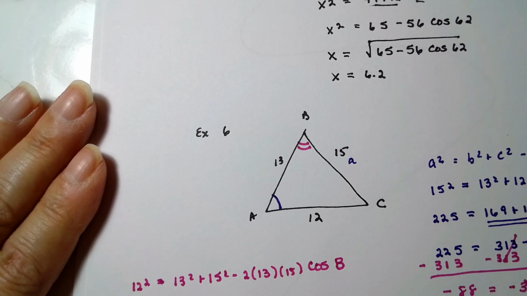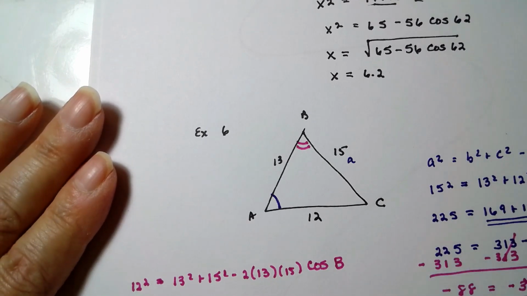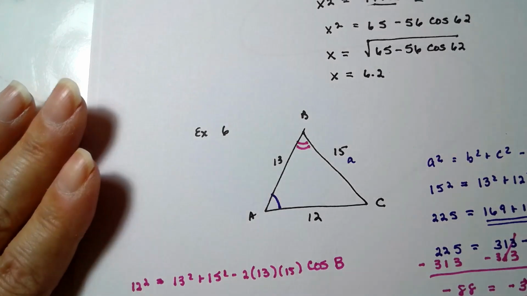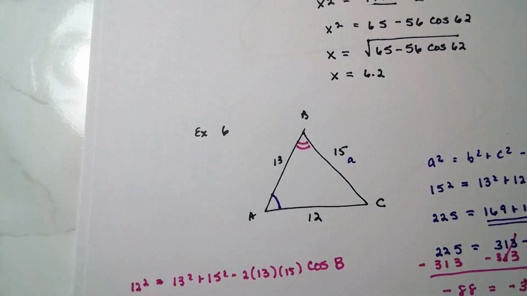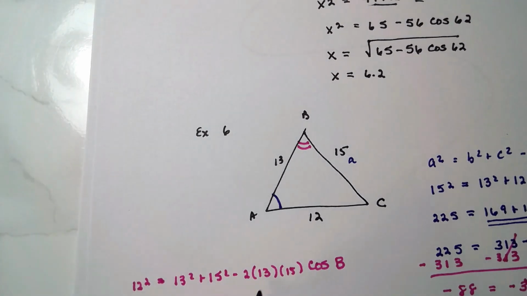I'm just using the same formula that I've been using. So that 144 is equal to 169 plus 225 minus 2 times 13 times 15 is 390.